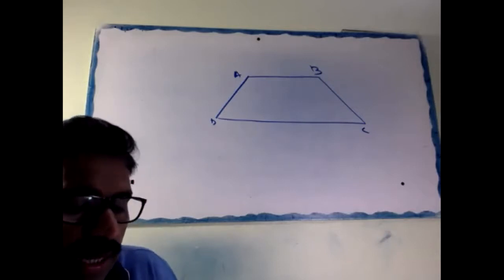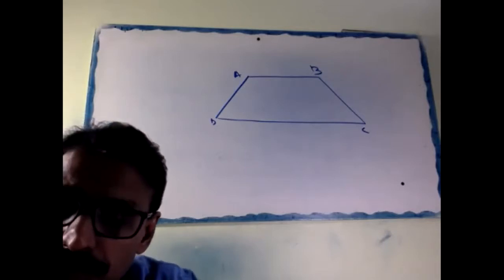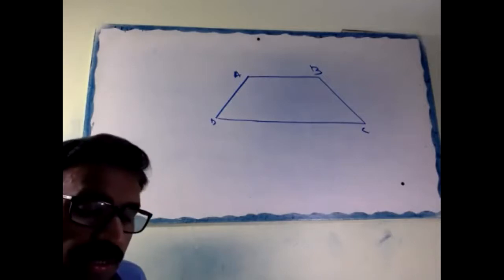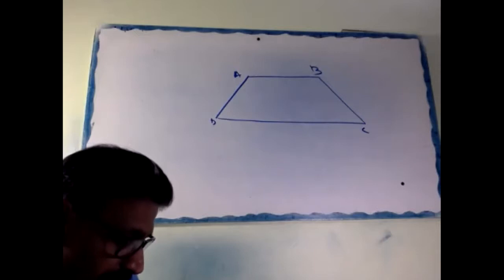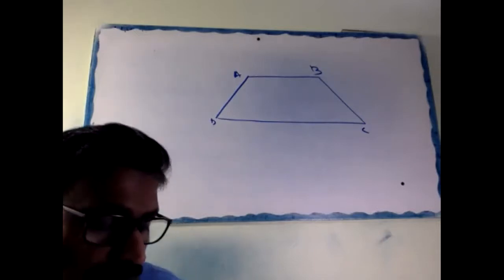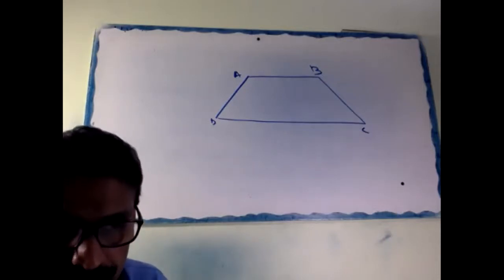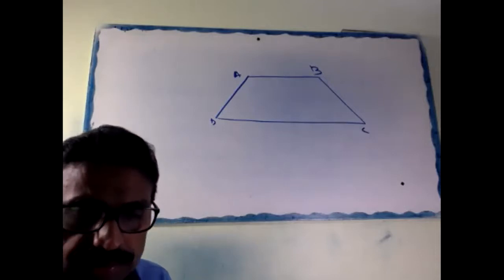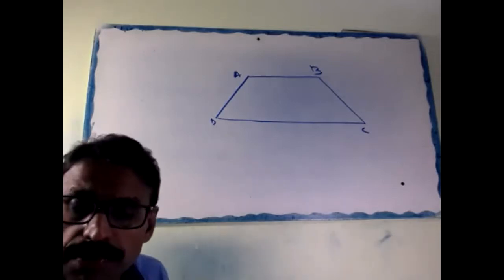Prove that the line joining the midpoints of the non-parallel sides of a trapezium is parallel to the parallel sides of the trapezium and equal to half the sum of the parallel sides.